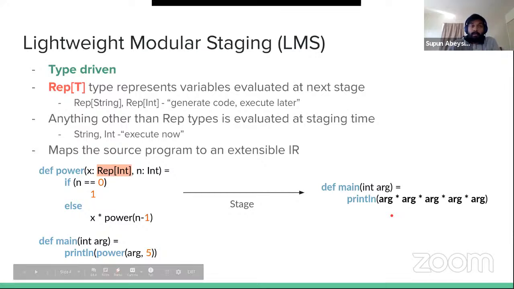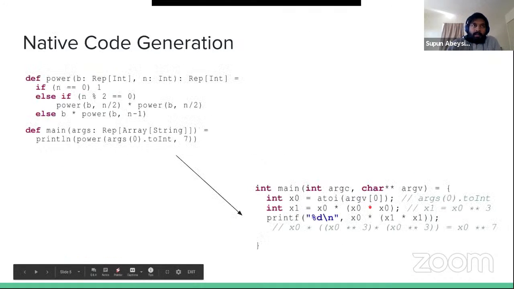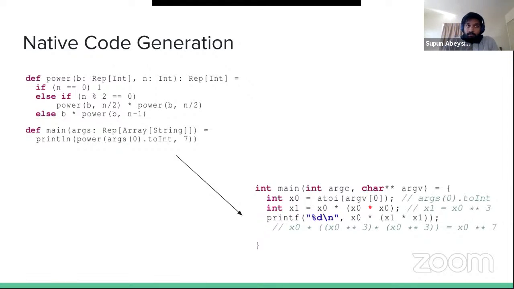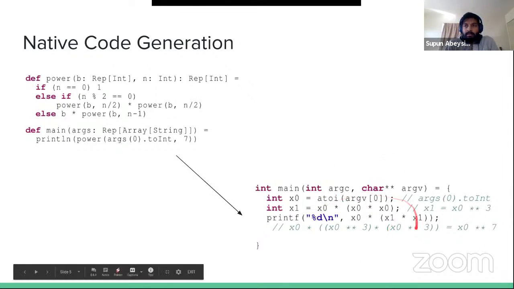And this intermediate representation will go through multiple optimization passes and transformations, right? So in this example, we have seen going from a Scala source to another Scala source. So the target here is also Scala, but we can go a step further and we can generate something like this, native C code.